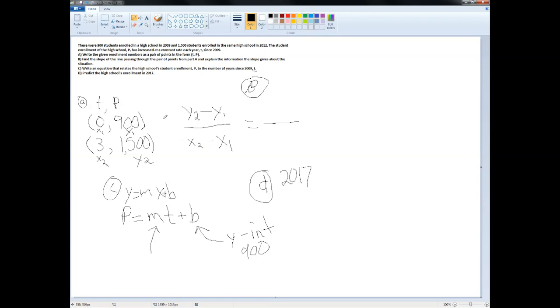If 2009 was year 0, then 2017 must be year 8. So 8 is what you plug in for T. That's what you're going to plug into the equation you found in part C.